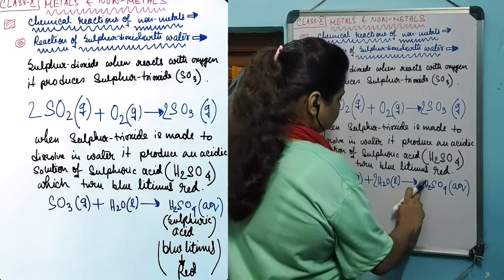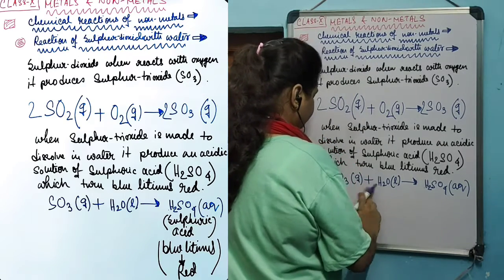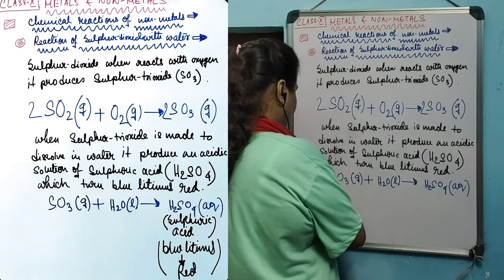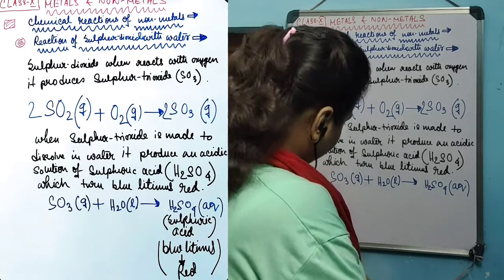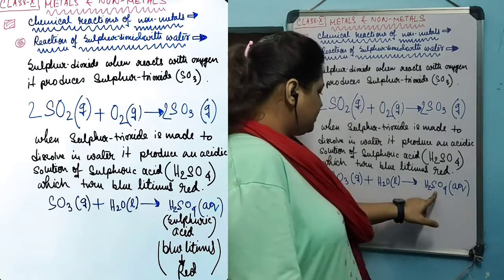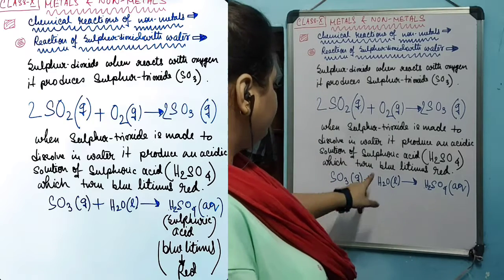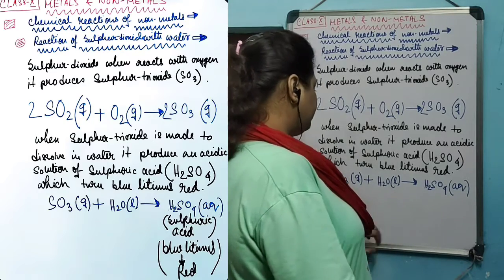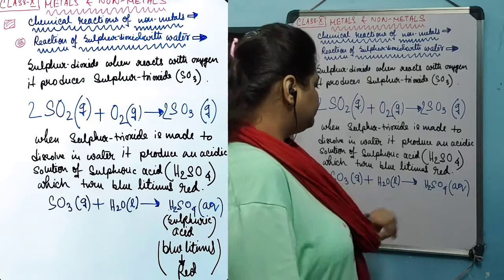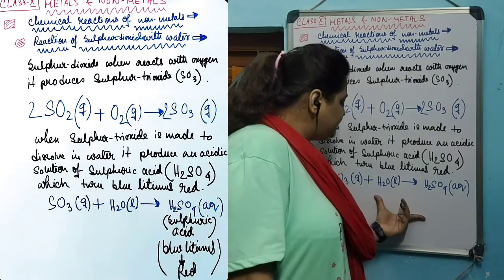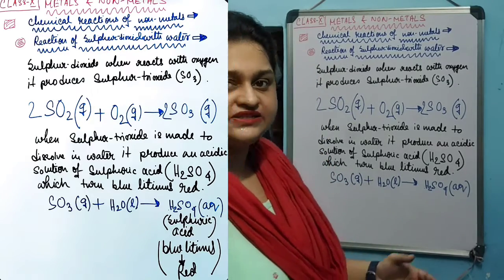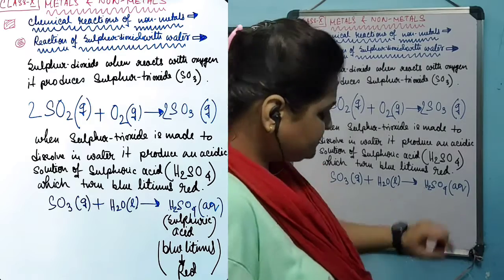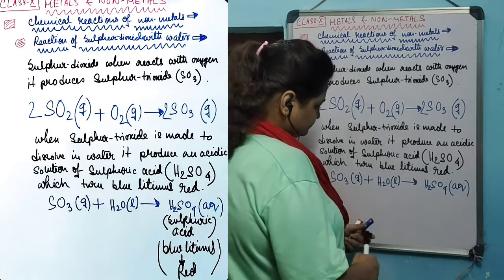Sorry, this entire reaction is already balanced, so we do not need to multiply anything. On both sides, one sulfur atom is present, 2 hydrogen atoms are present, and 4 oxygen atoms are present. So this is an already balanced chemical reaction. This is sulfuric acid.